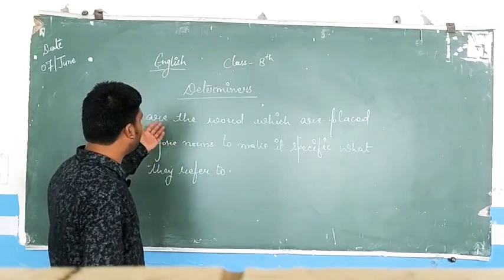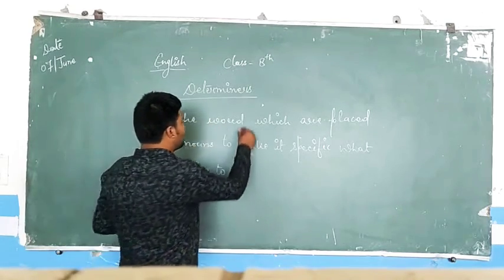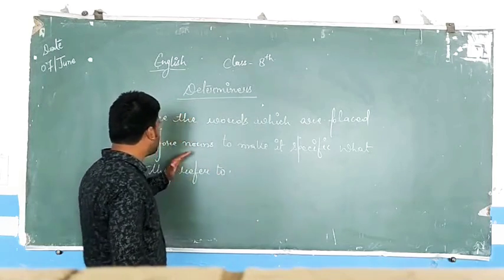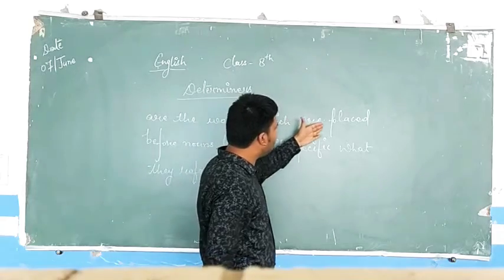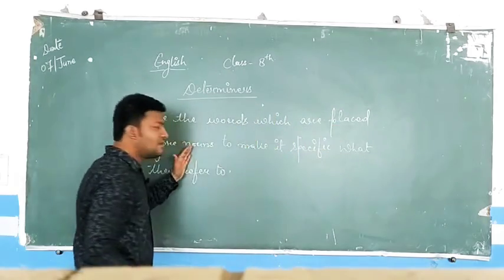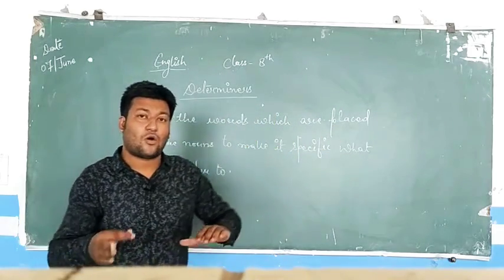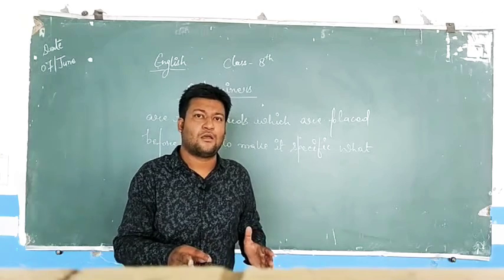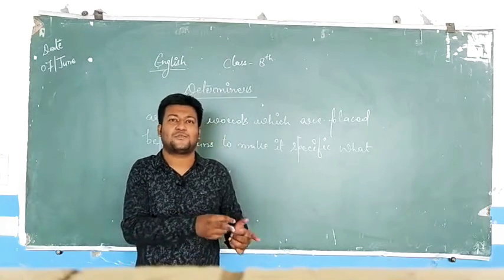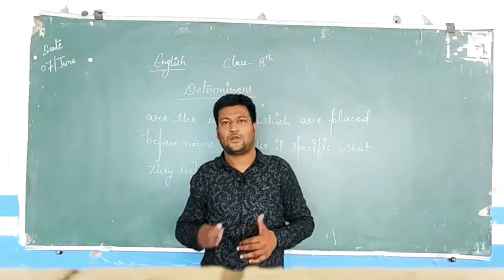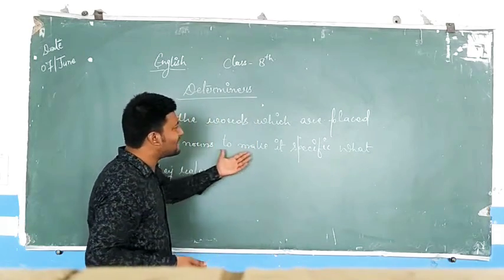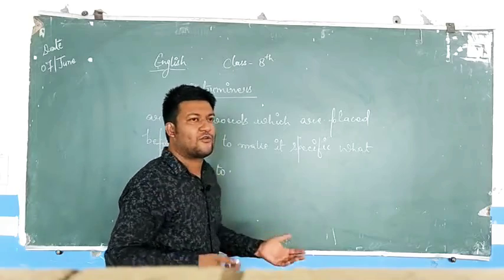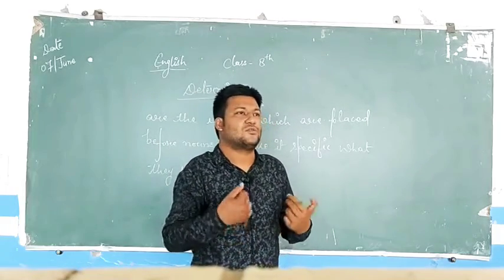Though I have written determiners are the words which are placed before nouns. Meaning of this line, which are placed before nouns, is one thing: determiners always and always come before the noun, not after the noun, to make it specific what my noun refers to.